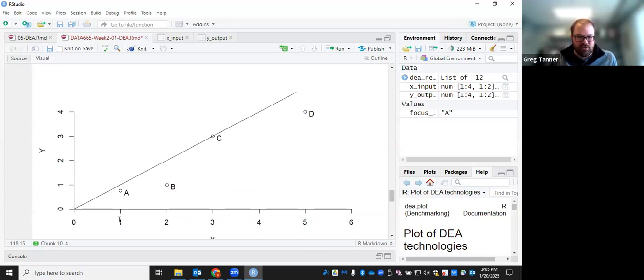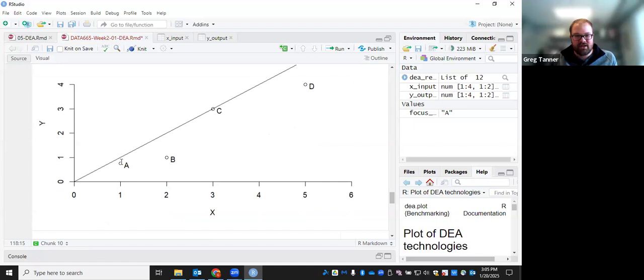You can look here and see that A is using 1 unit of input, but producing less than 1 unit of output. We see that C, though, is using 3 units of input and producing 3 units of output, or 3 value units now, if we're measuring things in value.